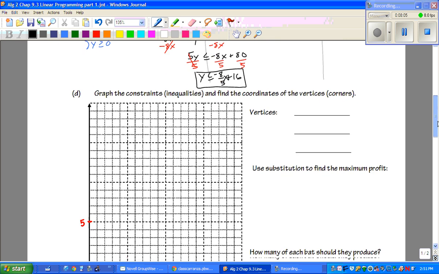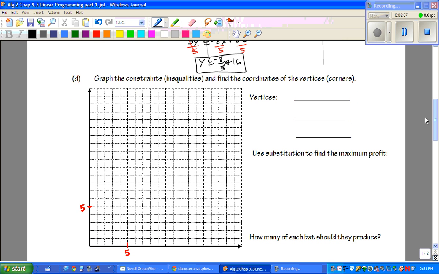So, we have to start at 16. Now, if this is 5, there's 0. 1, 2, 3, 4. We're counting by, each one of those is 1. Okay? So, there's 16. I need to go down 8. 1, 2, 3, 4, 5, 6, 7, 8. Over 5. 1, 2, 3, 4, 5.